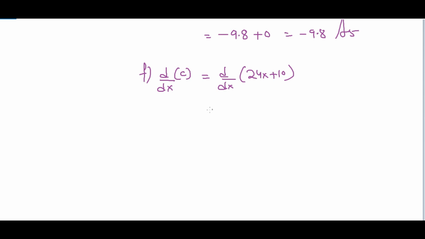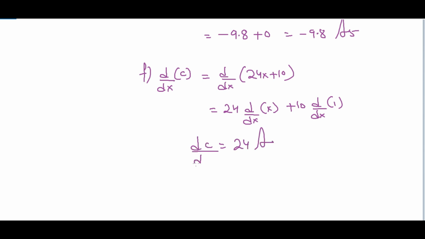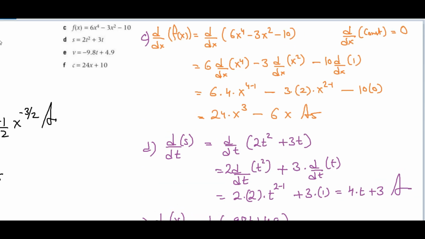When we do that, we need to separate it: the constant term comes out, then x, and then plus 10. We are left with just 1 for x, and the differentiation of a constant is just 0. So 24 is our answer for the differentiation of c with respect to x. Kind of easy. If any doubt persists, post it in the comments. Let's proceed further.